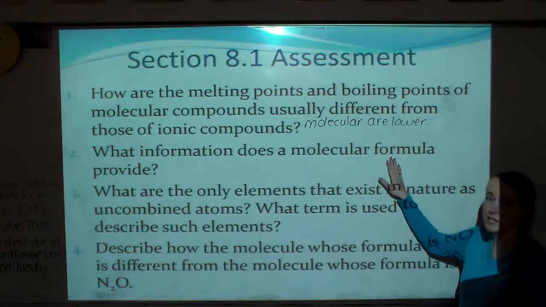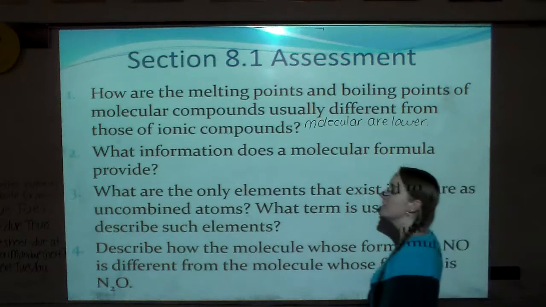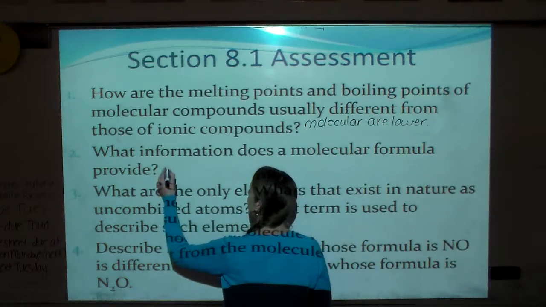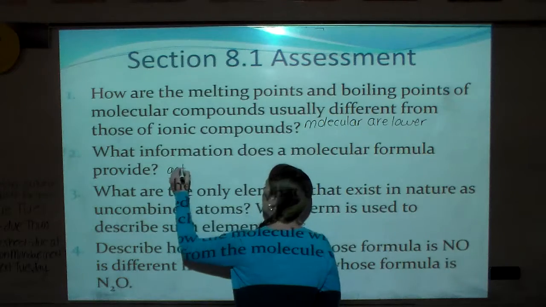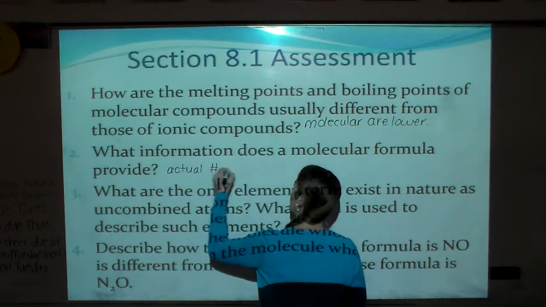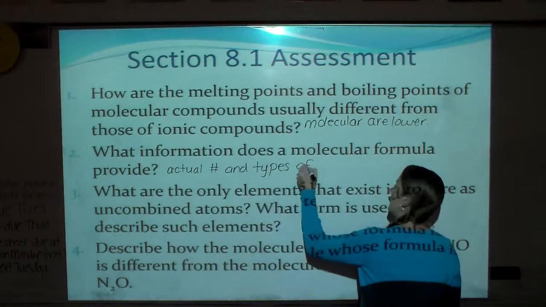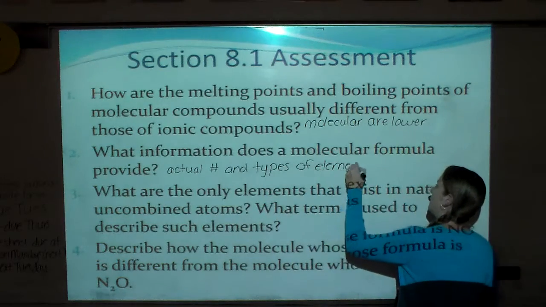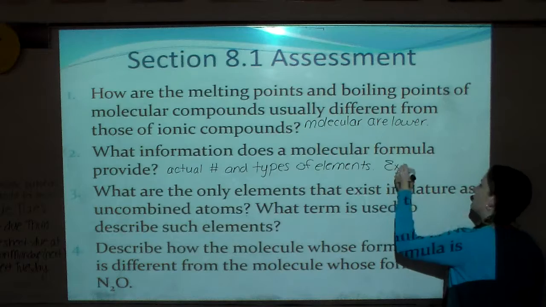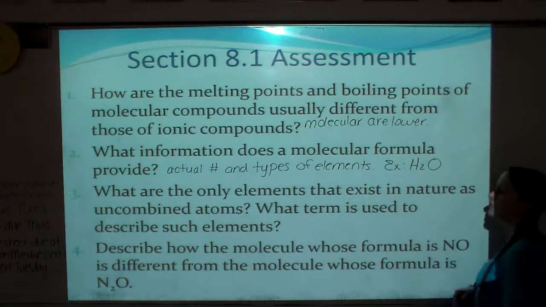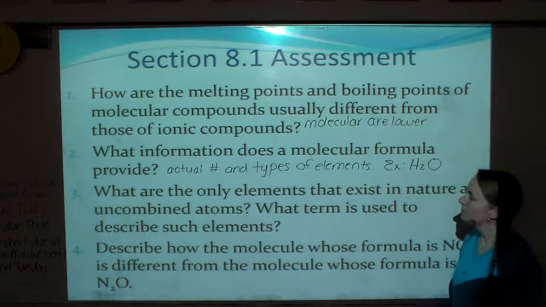What information does the molecular formula provide? Well, we just said it shows you the actual number and types of elements. And like I said, an example would be H2O: 2 hydrogens, 1 oxygen in every water molecule.